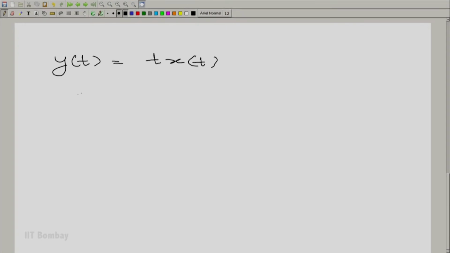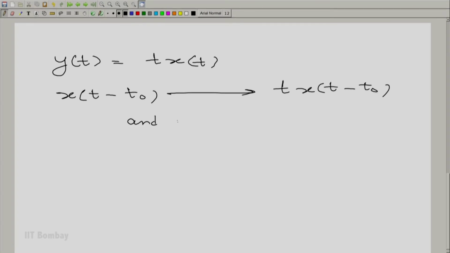Now, this is a tricky one. When I give x of t minus t0 to the system, what comes out is t times x of t minus t0 and not t minus t0 times x of t minus t0.